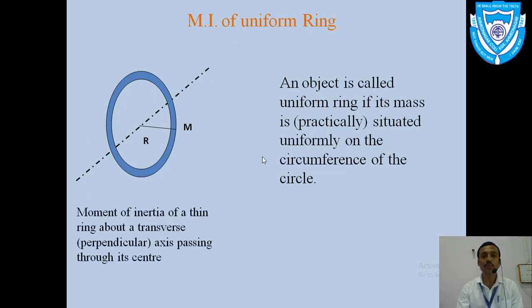So we can write moment of inertia of a thin ring about a transverse axis. Transverse means perpendicular. So moment of inertia of a ring when axis passes through center and perpendicular to the plane is nothing but mr square. So moment of inertia of a uniform ring is mr square.